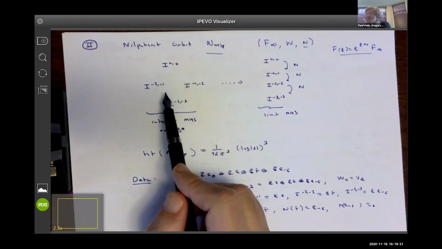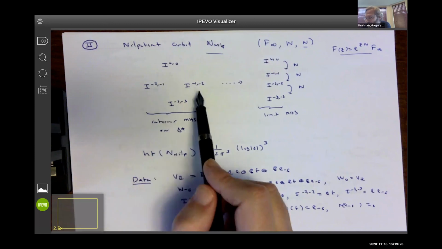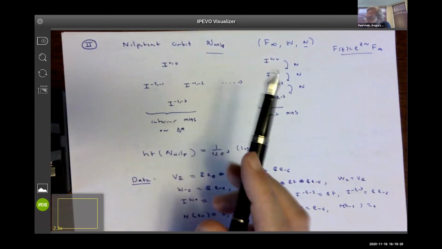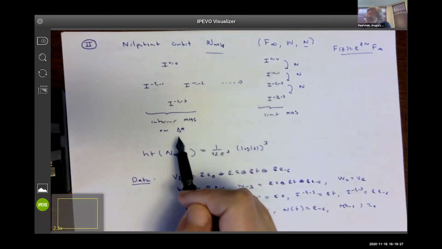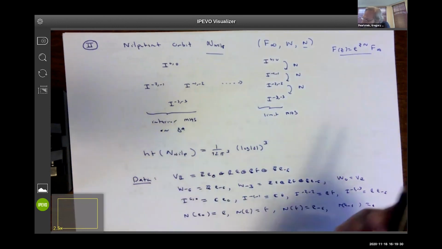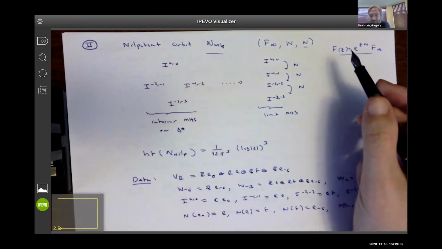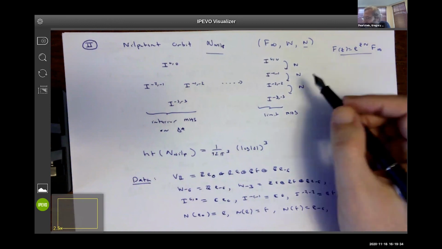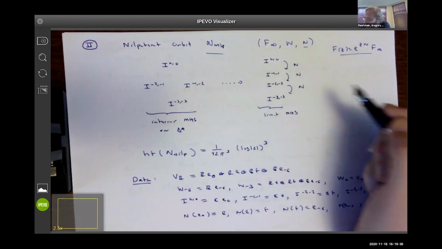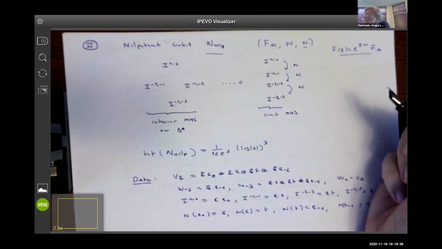It's I0,0, I minus 2 minus 1, I minus 1 minus 2, and I minus 3 minus 3 on the interior over the disk. So I'm going to look at the nilpotent orbit attached to that. I'm going to assume its limit is Hodge-Tate, and N cubed is non-zero.